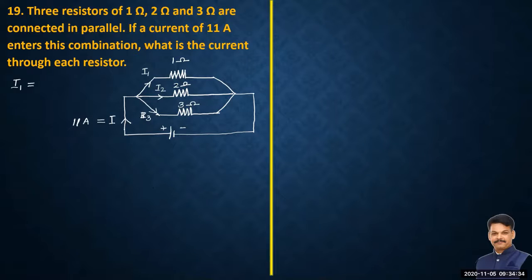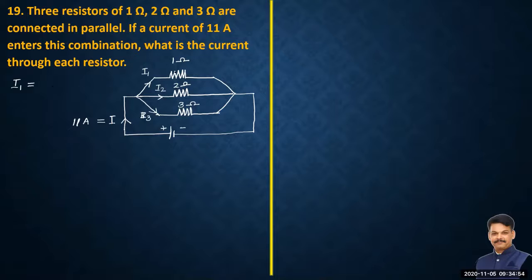Without potential difference you cannot find I. Hence our aim will be to find the effective resistance and then the terminal potential difference across them, and use that potential difference to calculate the current. That is the way, right?